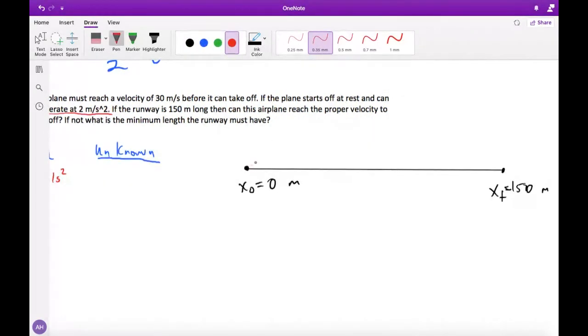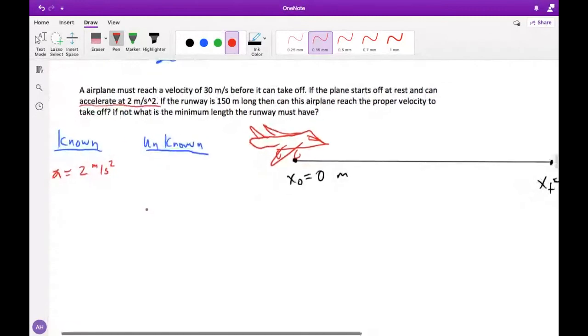And the plane basically starts off over here, and by the time it gets 150 meters, or to this point here, it must have a velocity of 30 meters per second.